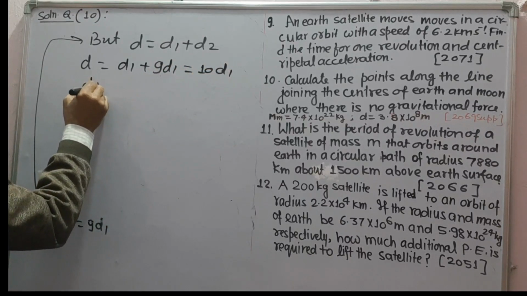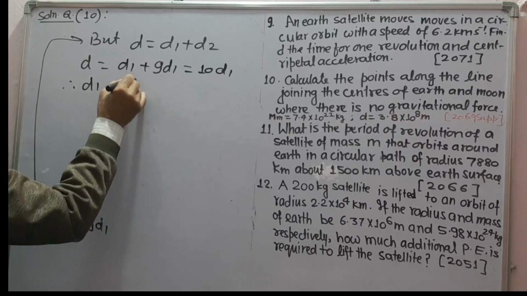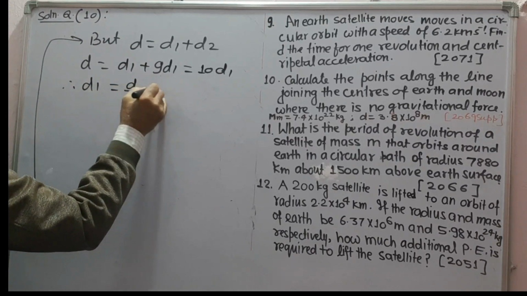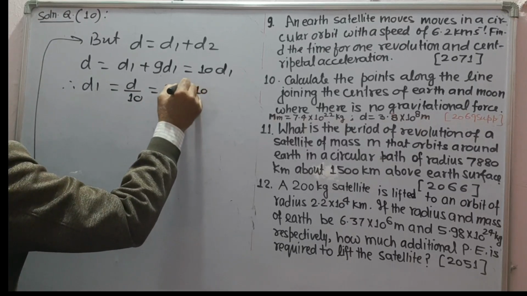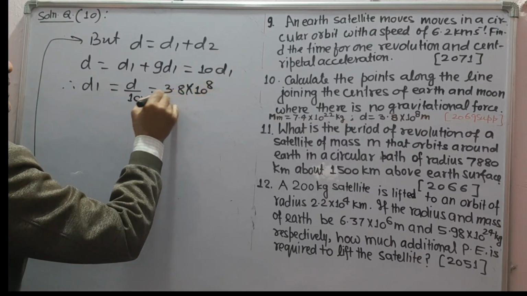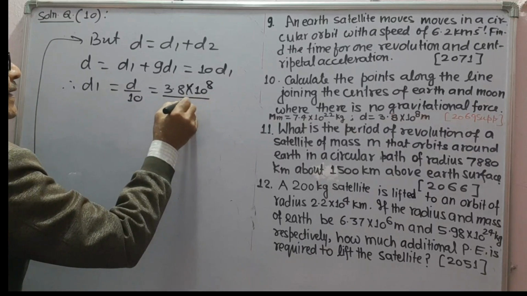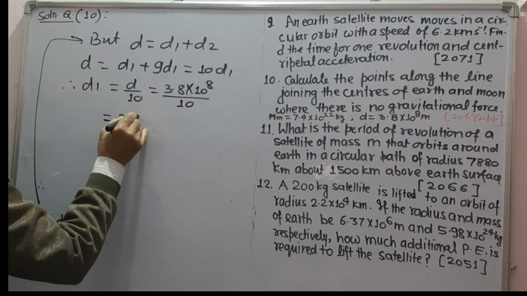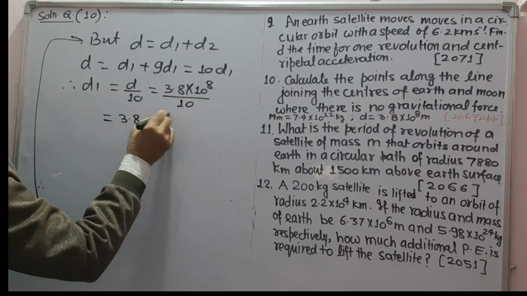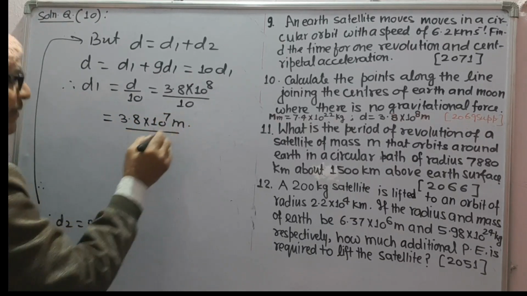So D1 will be equal to D upon 10. D is 3.8 into 10 to power 8 upon 10, means 3.8 into 10 to power 7 meter.